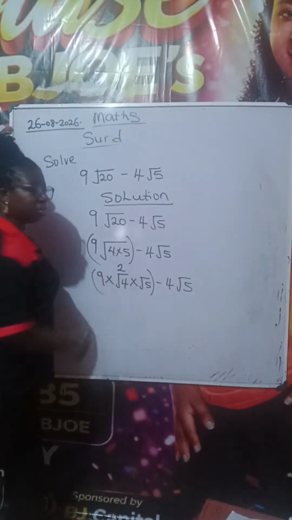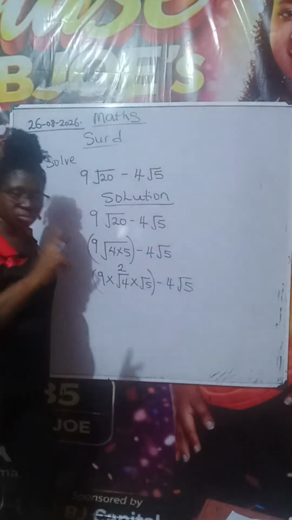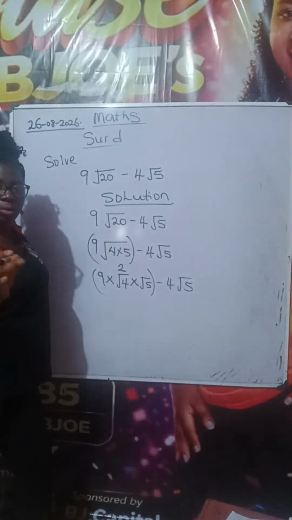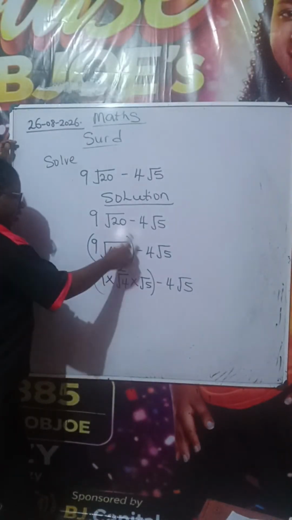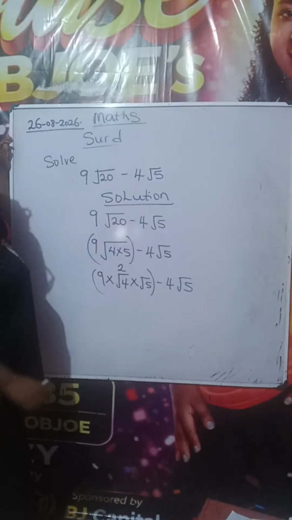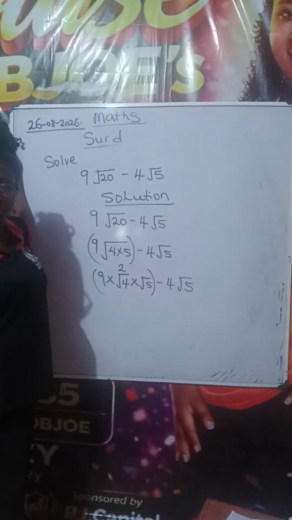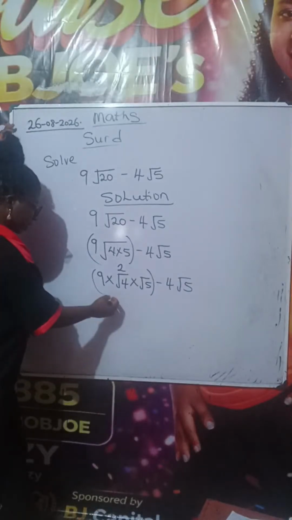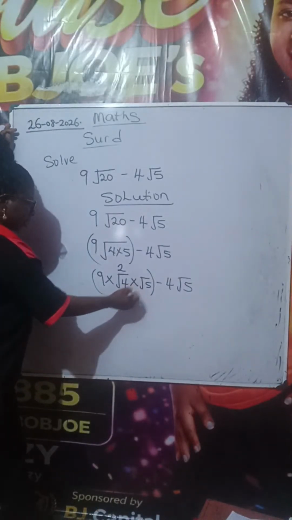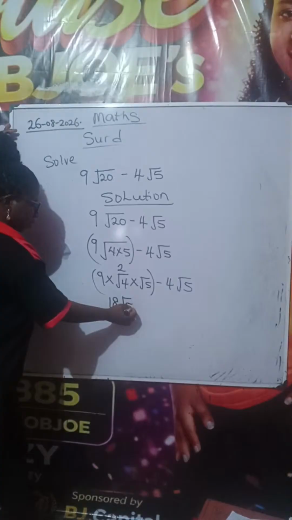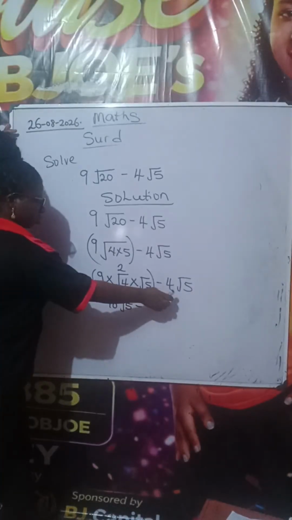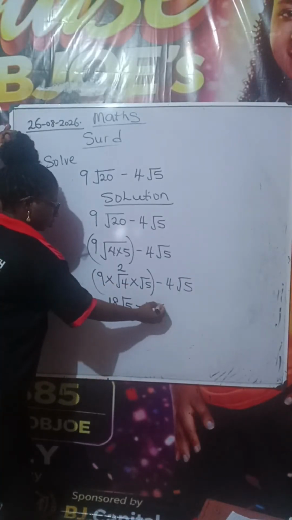The 5, does it have a square root? No, it does not have a square root. So you multiply 9 times 2. And 9 times 2 will give us how many? Everybody? So 9 times 2 will give us 18. Then multiplying root 5 will give you 18 root 5 minus 4 root 5.